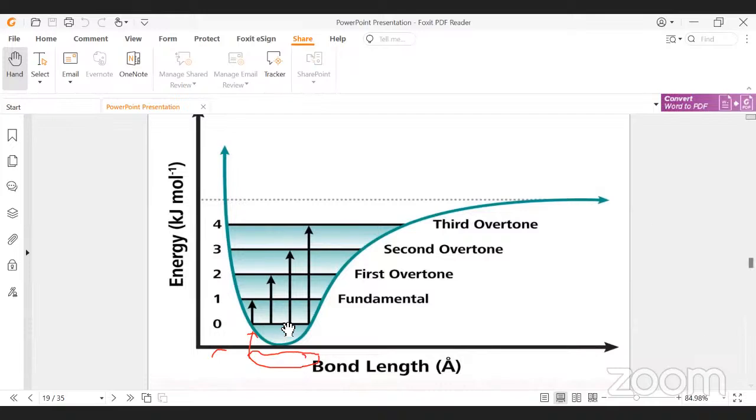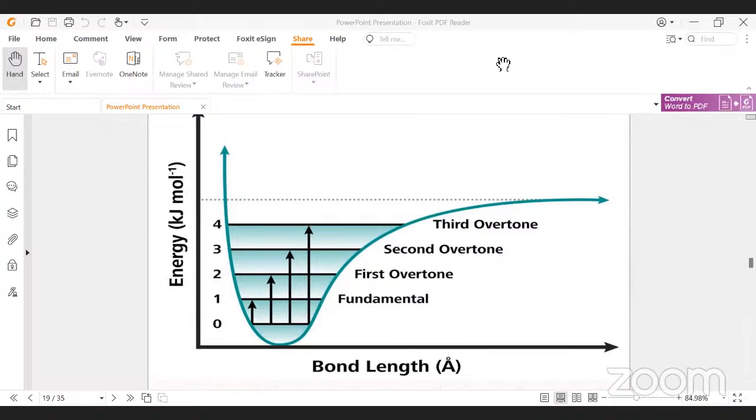This is also related to the selection rule. What is the selection rule? Delta V is equal to plus or minus 1. The fundamental band is the transition according to the selection rule, where delta V is plus or minus 1. Such a transition is said to be a fundamental transition.